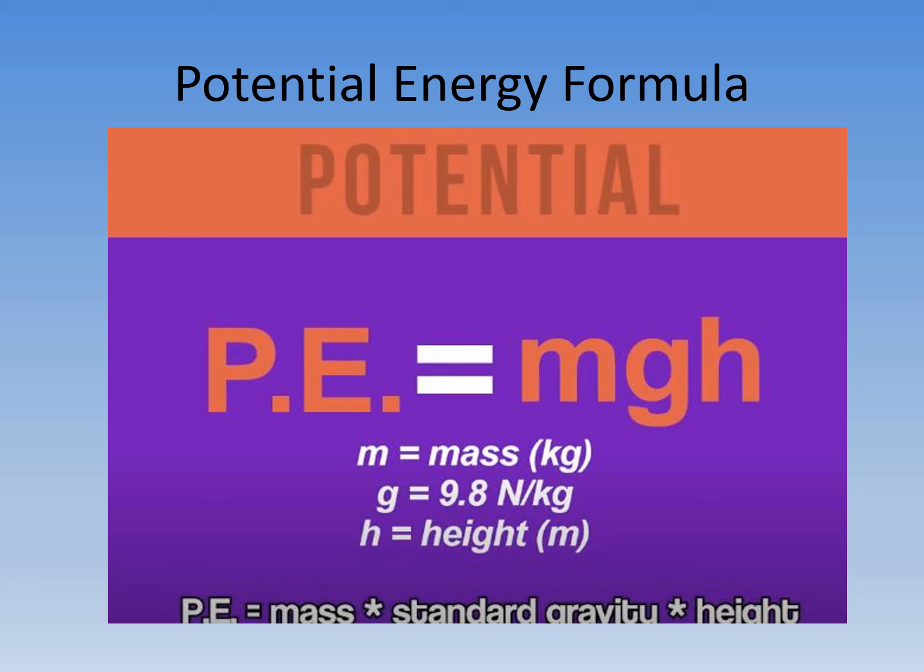While for the height, of course the unit is meters. Therefore, PE, potential energy, is equal to mass multiplied by standard gravity multiplied by height.